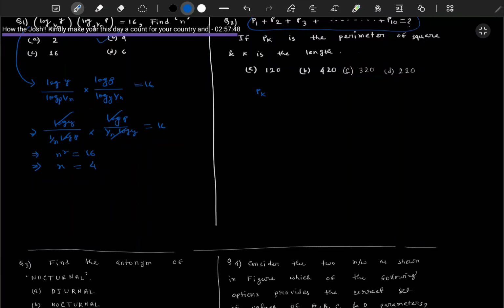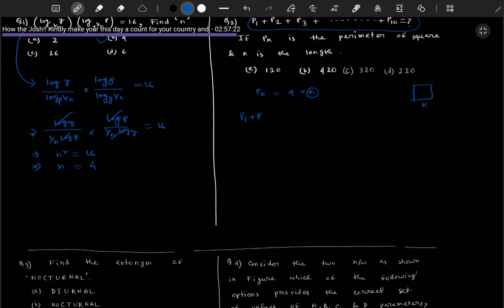Okay, so Pk equal to 4 into k, because k is the length of a single side of that square. So 4k will be the perimeter of those individual squares.